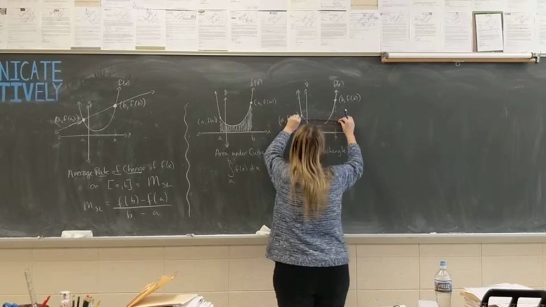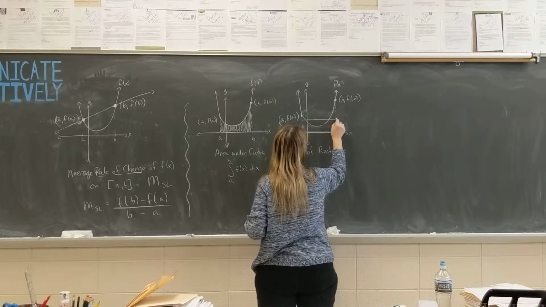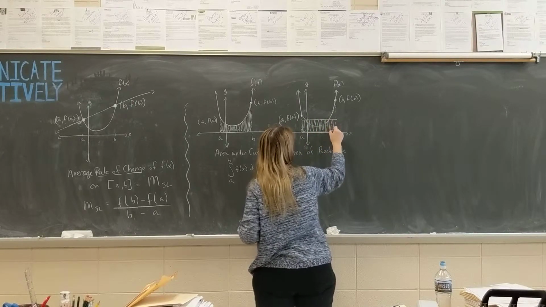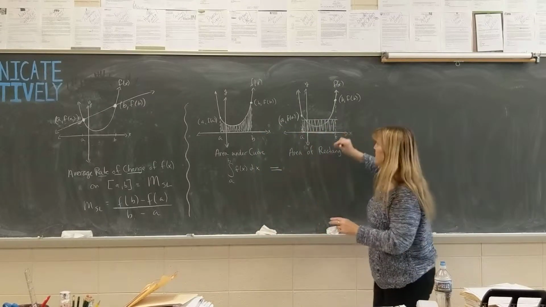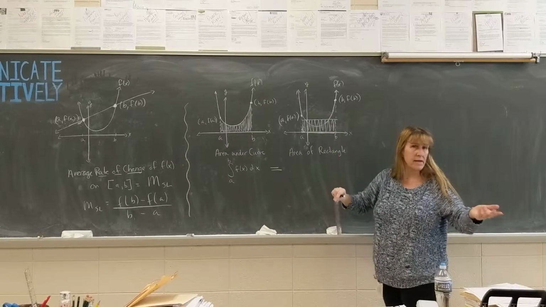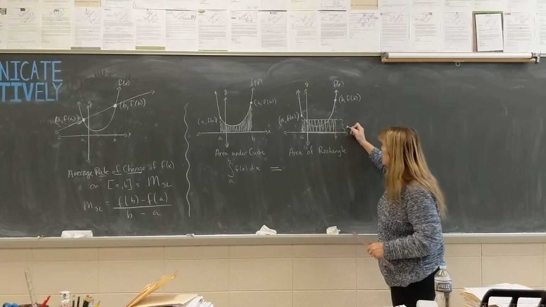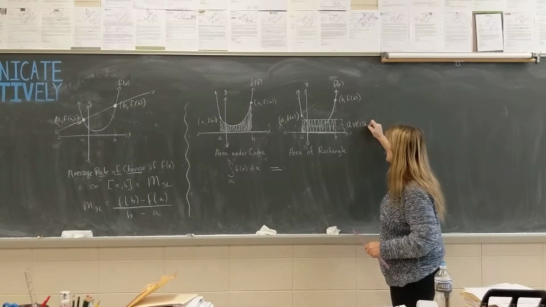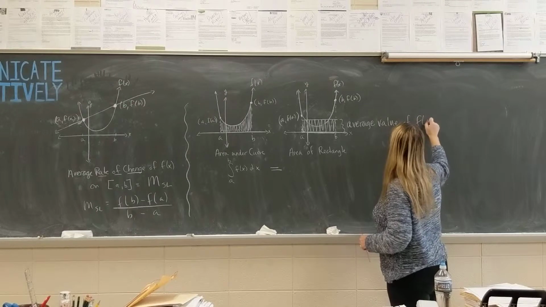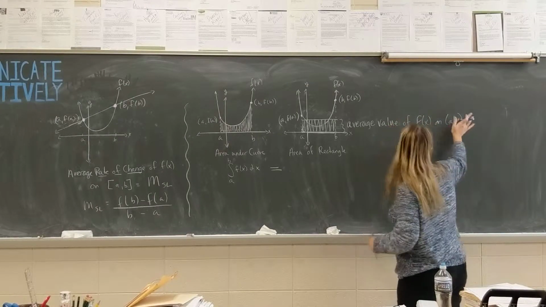So I'm not exactly sure where it is. It doesn't have to be perfect either. But wherever it is, there has to be some height. Doesn't there have to be some height? If my lower one was too small, my higher one was too big, then somewhere in the middle had to be just right. So wherever that height is in the middle, that height is called the average value of f of x on AB.